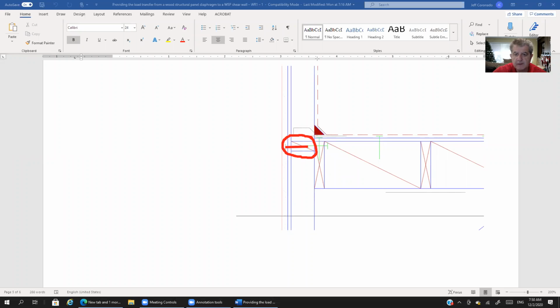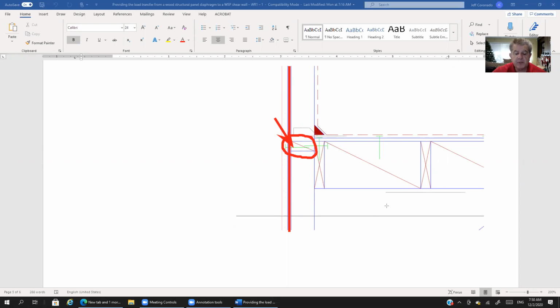So there's a nail right there. So that nail, we're going to transfer the load from the block through this nail into this element. And that's the wood structural panel of the shear wall.